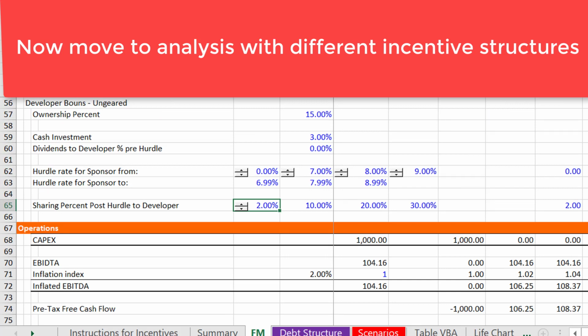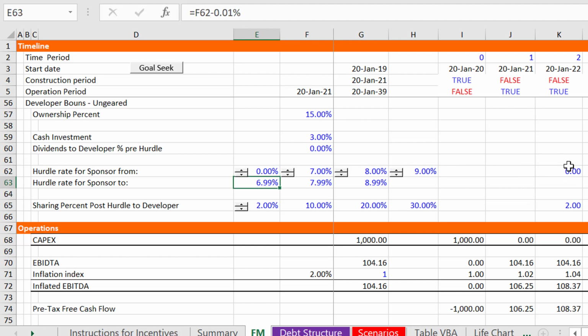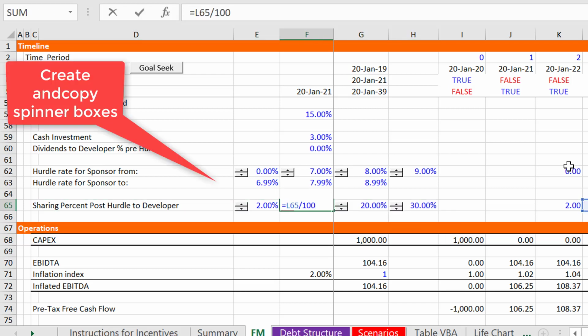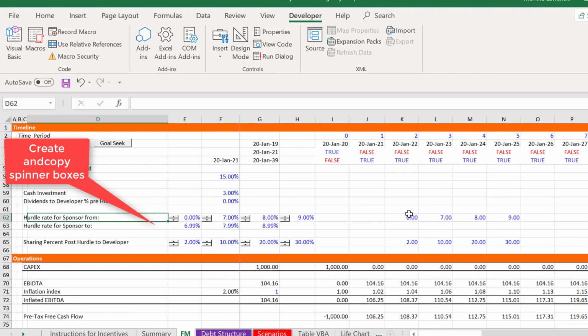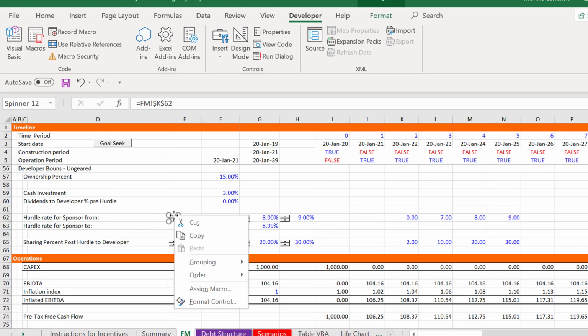The first thing I did was put spinner buttons here. I put the absolute, non-percentage numbers here. And then this is this number, and then you press Control R. So when you copy that, it just takes the next number, and it copies the little spinner boxes. Sorry to waste time on this. Right now, this spinner box is FK 62.